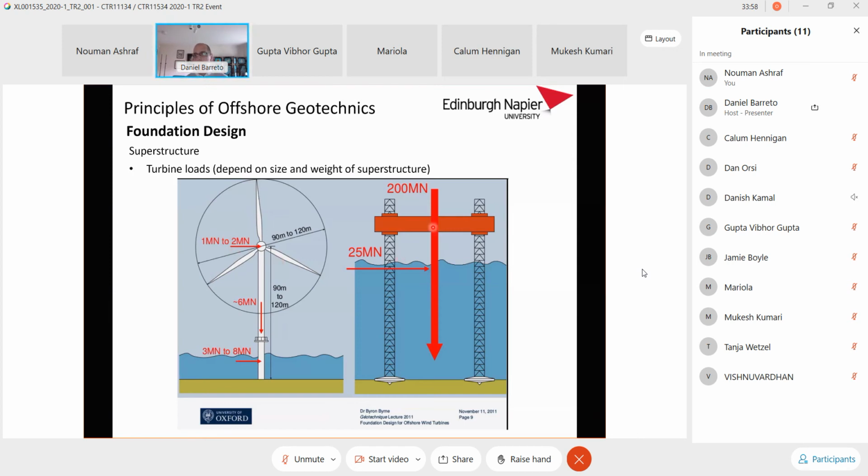If you're talking of larger structures that may be used not just for the site investigation, but for the construction of oil and gas extraction platforms or other related structures, that vertical load can be increased up to 200 meganewtons.